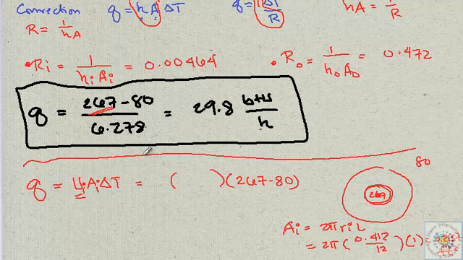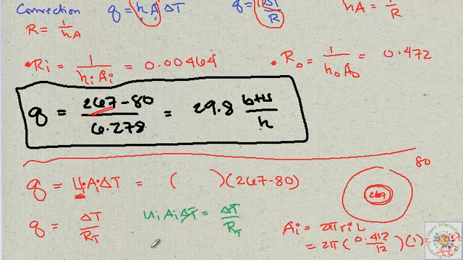Well, we have already solved the problem in terms of resistances. This equation is still equivalent to delta T over R total, right? Not really much of a difference. So if we equate them, UI AI delta T will be equal to delta T over R total, and delta T and delta T cancel.